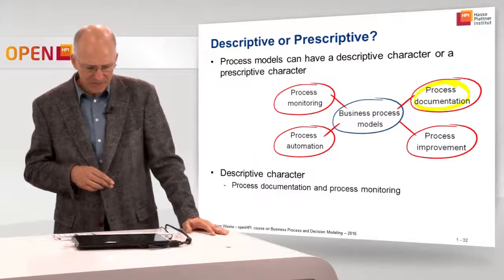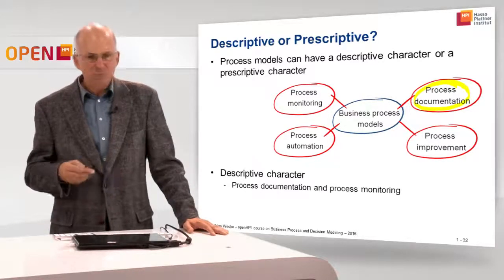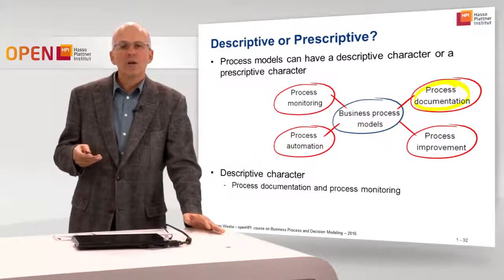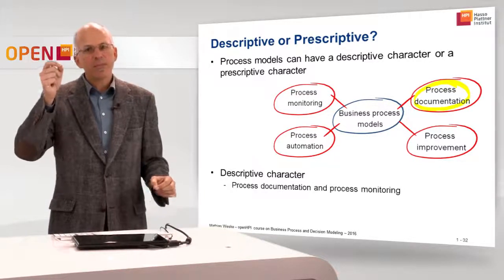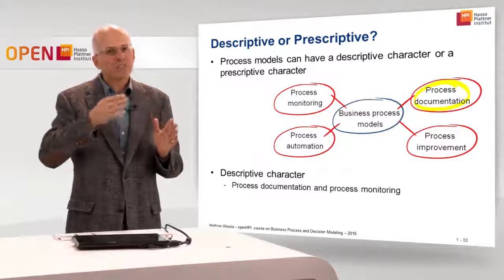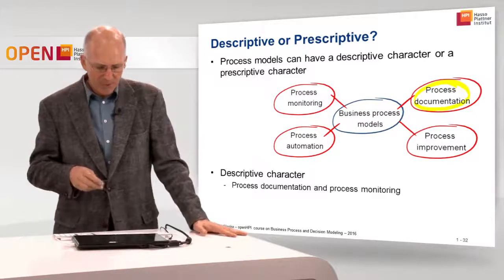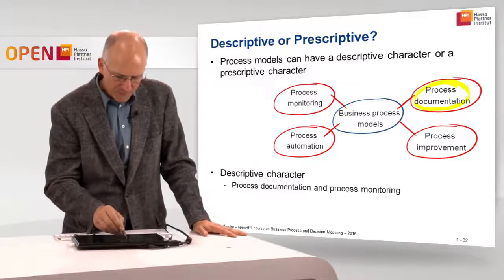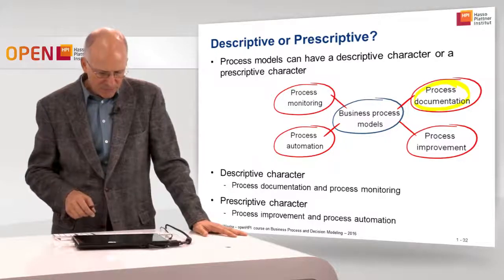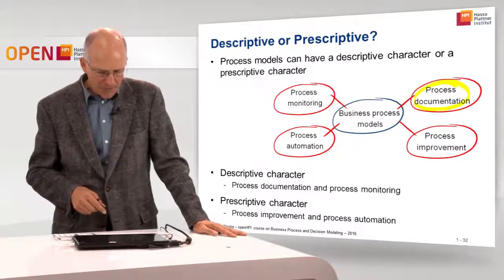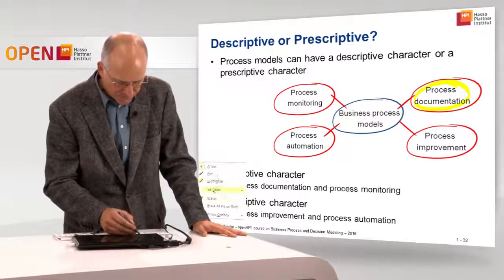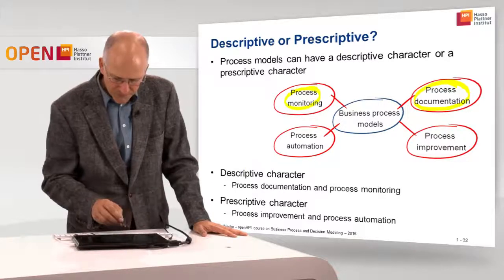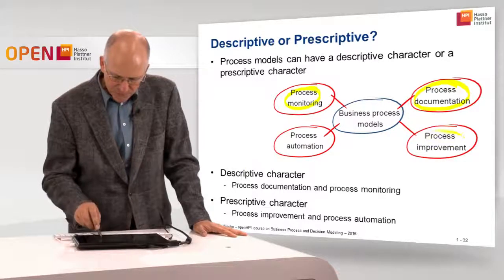And the same holds for process monitoring. Process models can also be used in process monitoring to show in which stage a process is at a point in time. So process models describe the state of individual process instances, so to speak. Then we have process improvement.